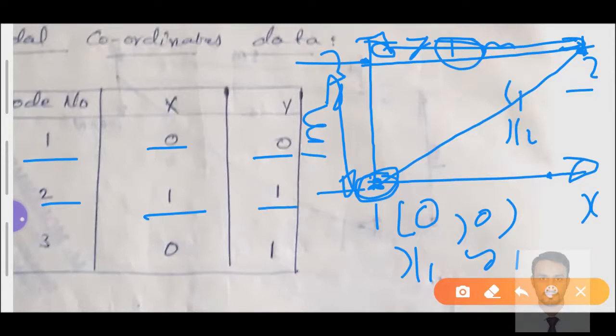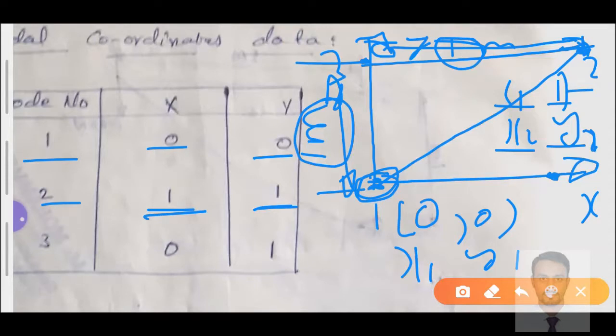Similarly along the y-axis, so y2 is equal to 1 meter. So x2, y2 is 1 comma 1. This is the coordinate data at node number 2 along the x and y axes.